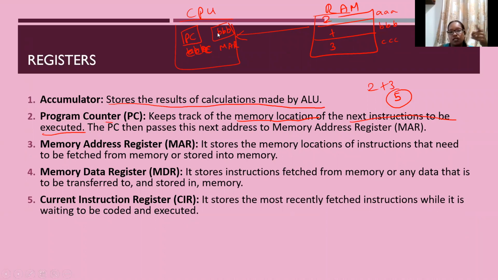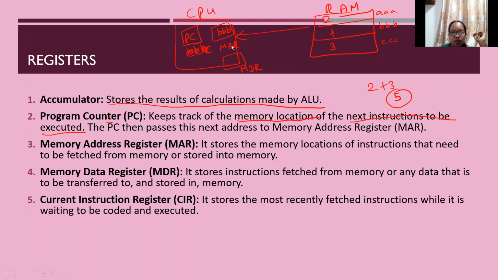What is the difference between these two? The next instruction it shows here, and the currently executing instruction it shows here. Not the instruction, just the memory location. So memory addresses it shows here, right? And what is the MDR? MDR is the register that is holding the currently executing data.